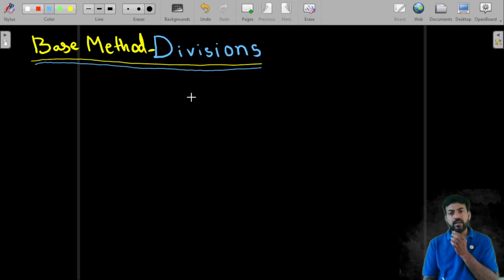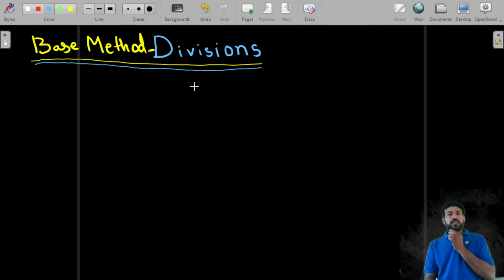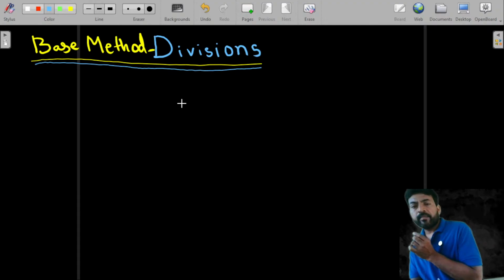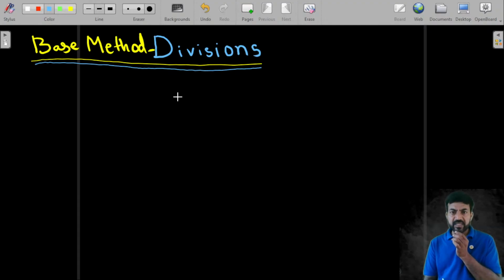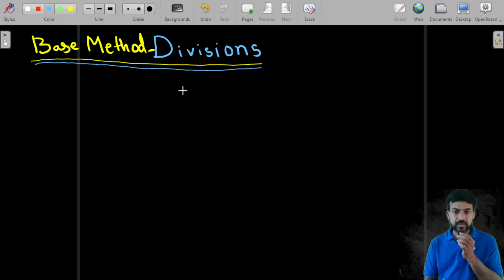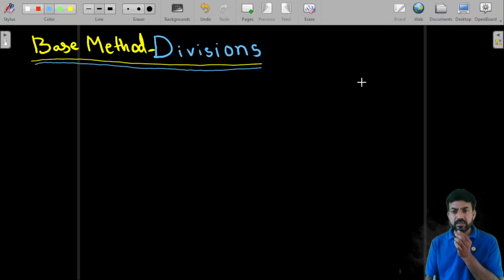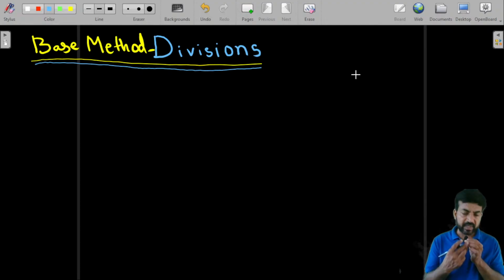There are many methods in division also, but learn this base method division, then you can understand the remaining methods easily. For this base method we have a few rules. First, do this division in the conventional method, which you have learned in your school. Complete this. I will give one example.